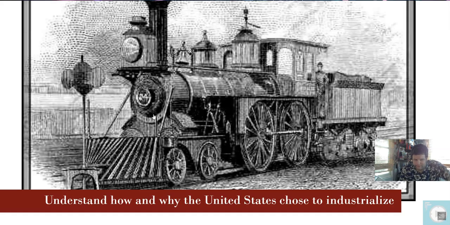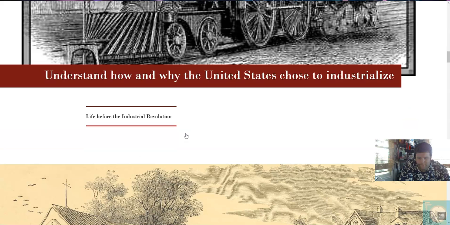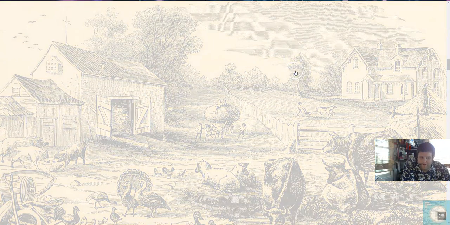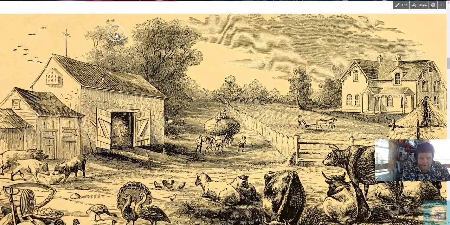Now, pre-industrial America is radically different from post-industrial America. To really understand that, we have to look at the before and after. Pre-industrial America was a rural America.